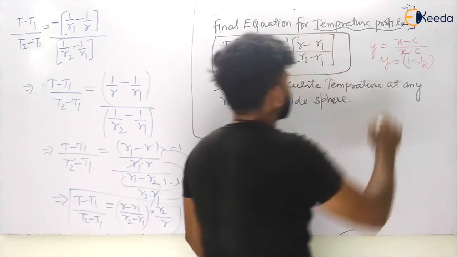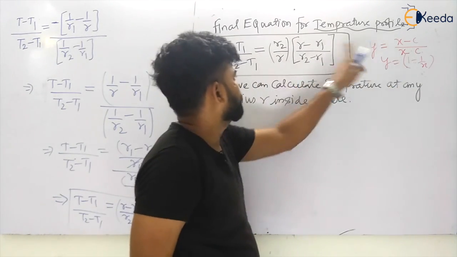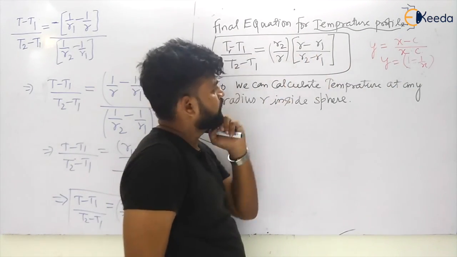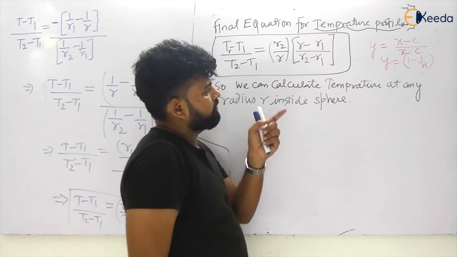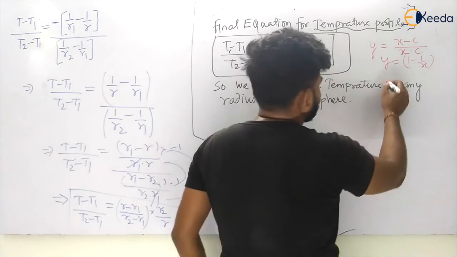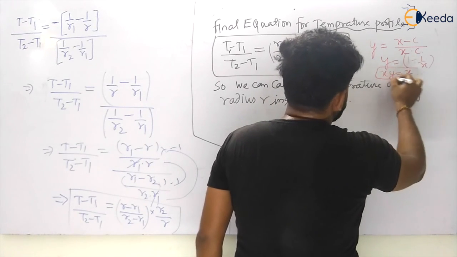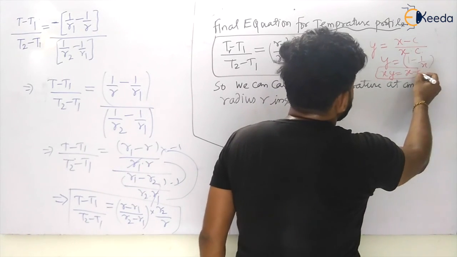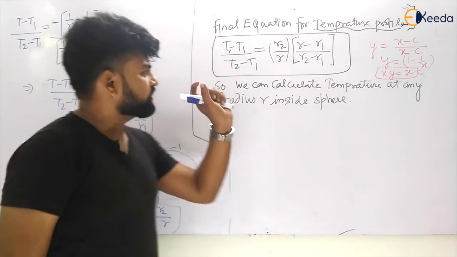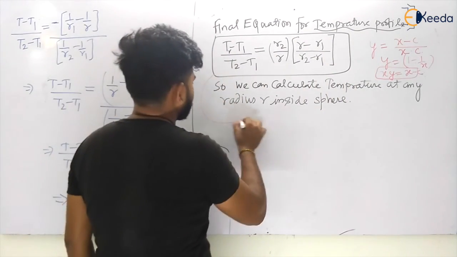This equation is becoming something like this when I'm taking r inside. So 1 minus 1 upon x will be x minus 1 upon x, or it becomes xy is equal to x minus c, something like this. So this equation is of a hyperbola, my dear students.